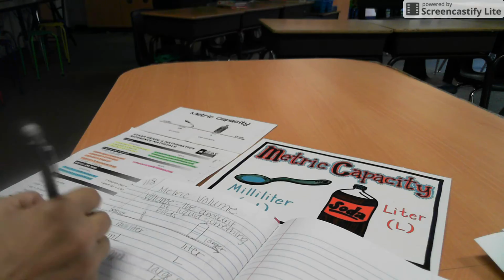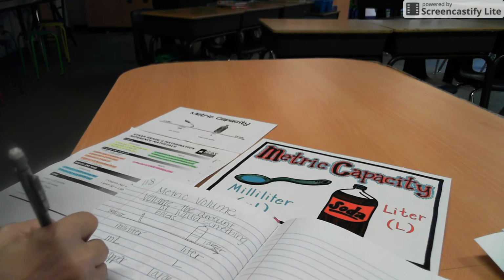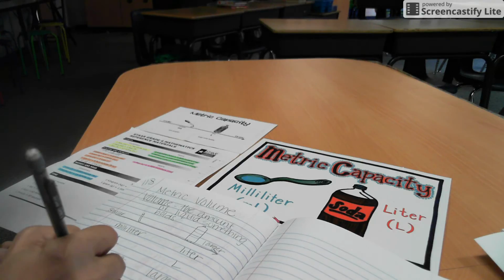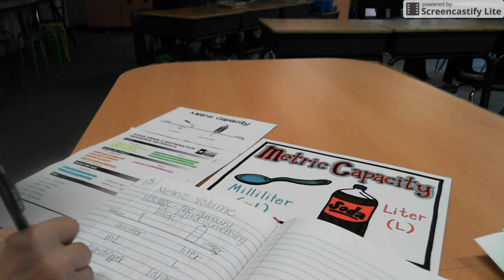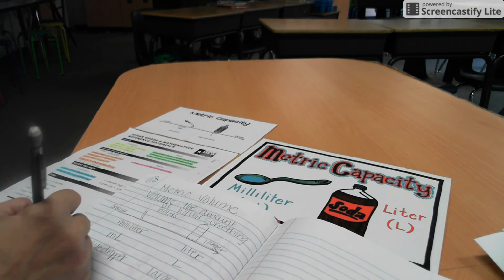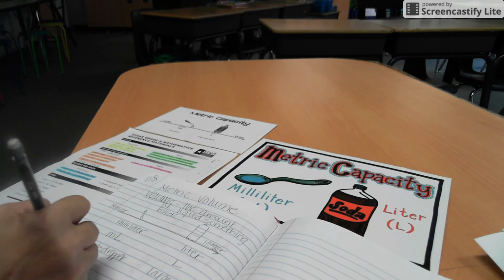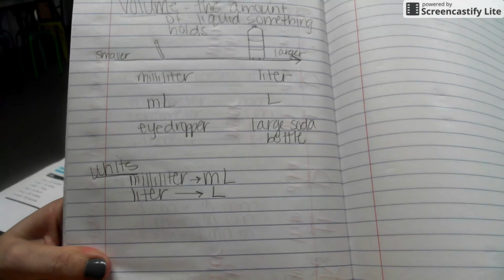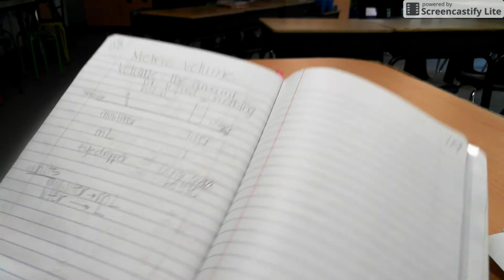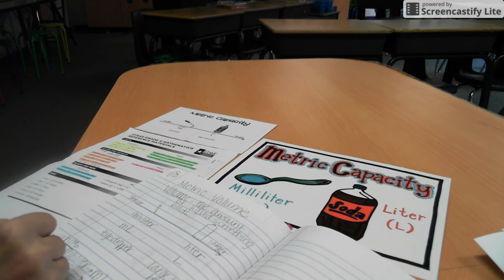All right, so we said milliliter is mL. And we said liter is just capital L. Those are our units that we're going to be doing. So let's make sure you have that. And then we're going to write our one conversion from our chart in our notebook also, even though you should always have your chart.